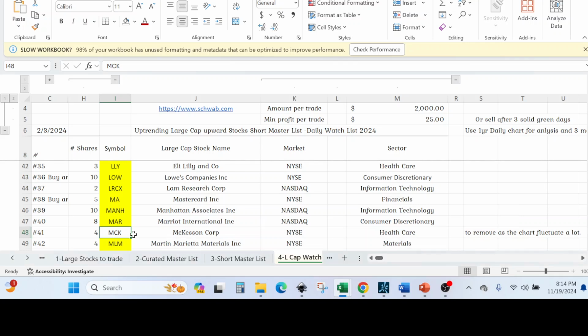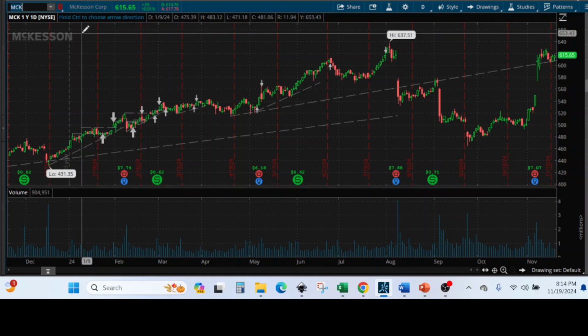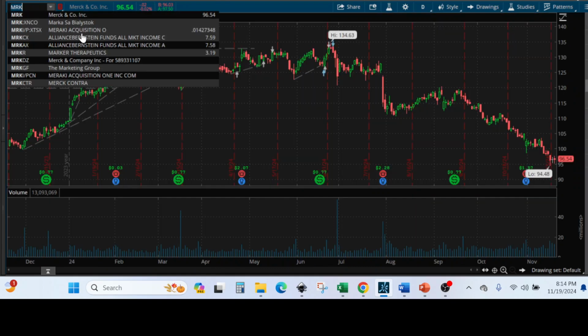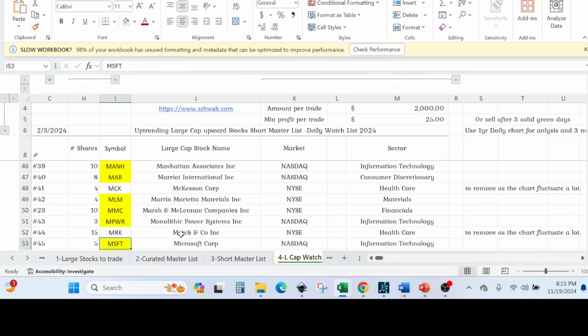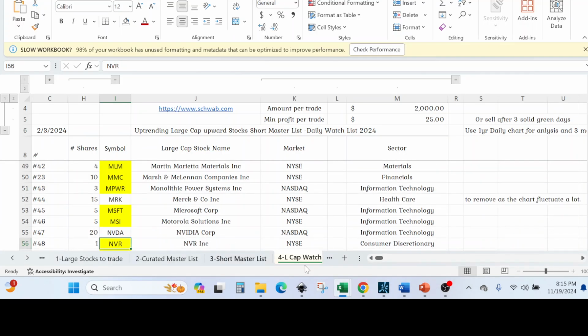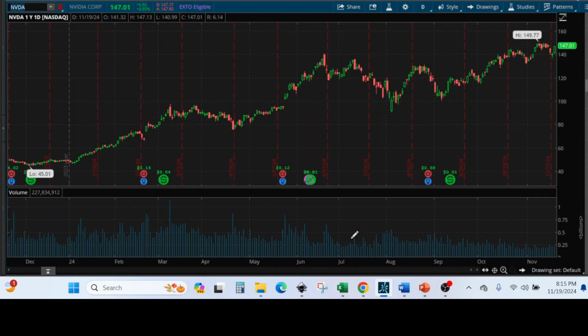So the next one is MRK. MRK is in a downtrend. NVDA that we sold, we have 2 green bars.